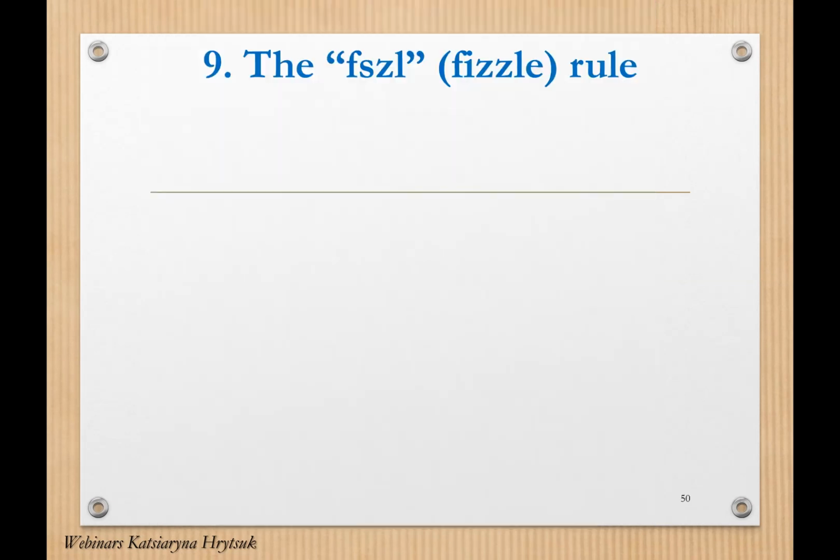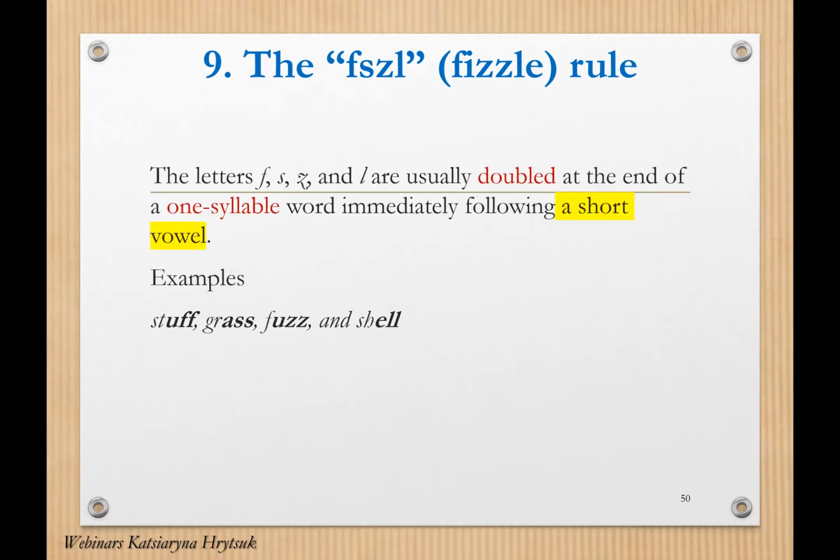Fizzle rule. Write down, please. Fizzle rule. What does it mean? When the letters F, S, and Z, and L also, sorry, are doubled at the end of one syllable, they make a short vowel.